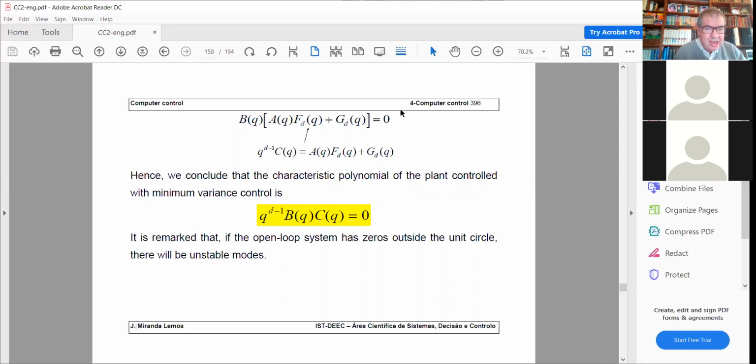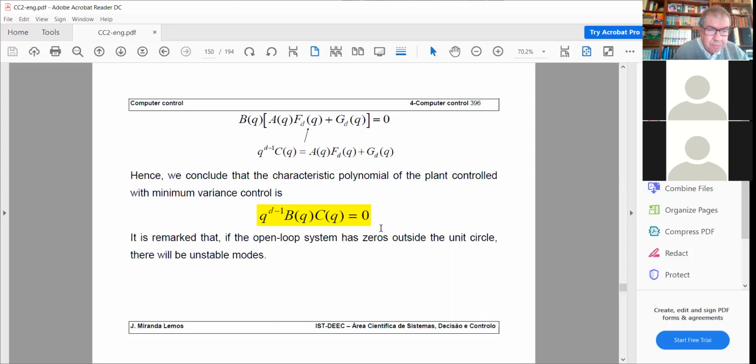So you can place it here, and you get this yellow expression. That's the characteristic equation of the closed loop. So the roots in Q of this equation, think of Q as Z, as a variable, give you the closed loop poles.